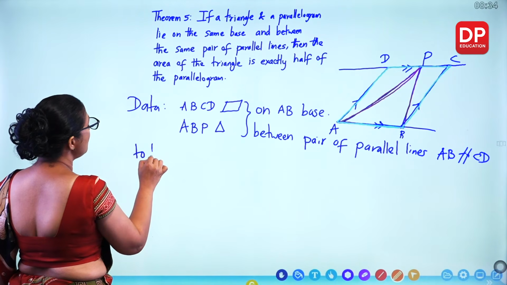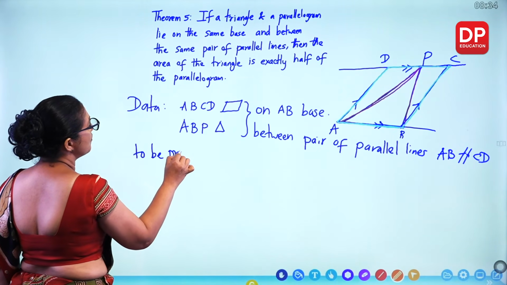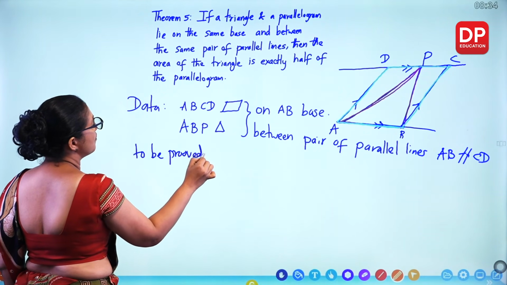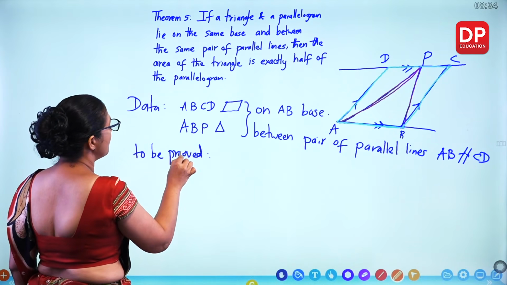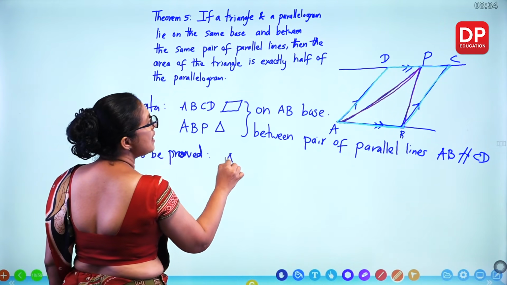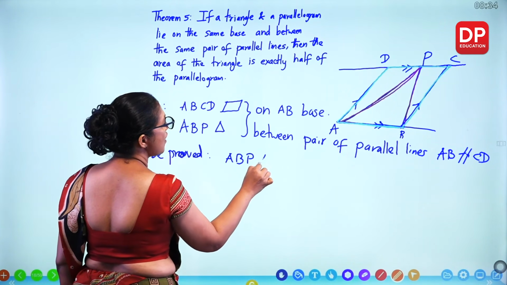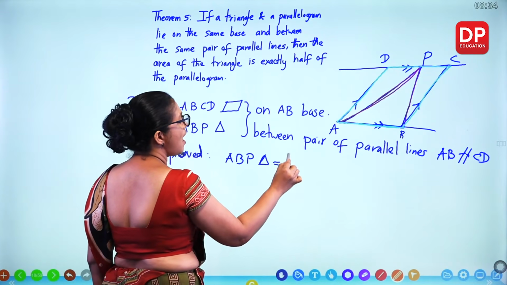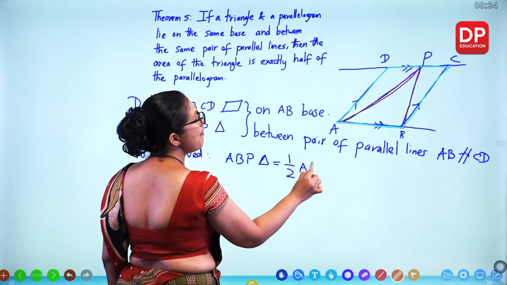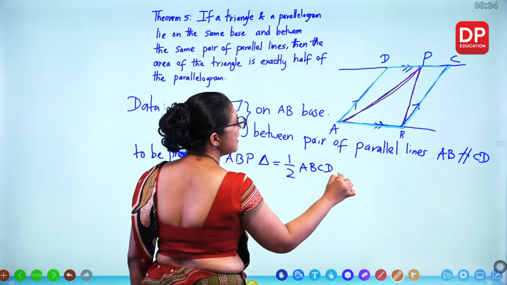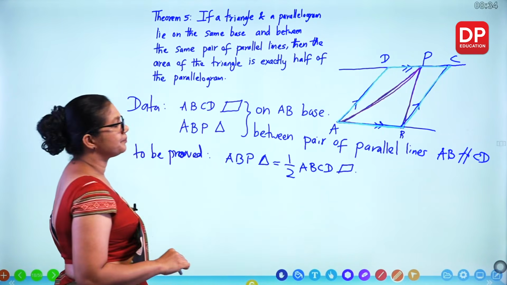We need to prove ABP triangle area is half of ABCD parallelogram.